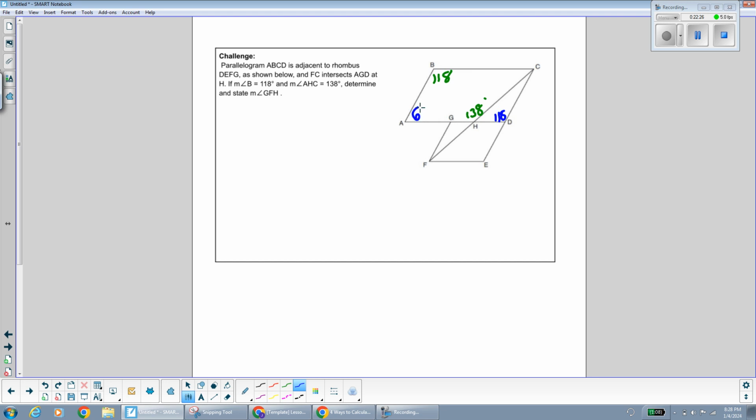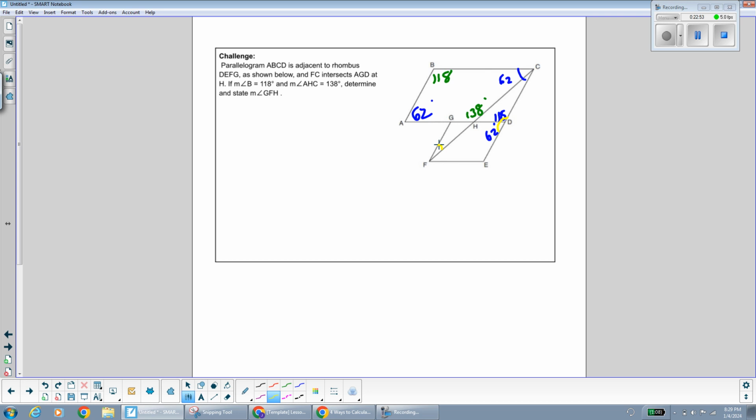So this angle would be 62 degrees, as will this whole angle be. And these are supplementary. So that means this angle here will also be 62 degrees because these form a linear pair. We should keep our goal in mind. We want to find this angle over here.